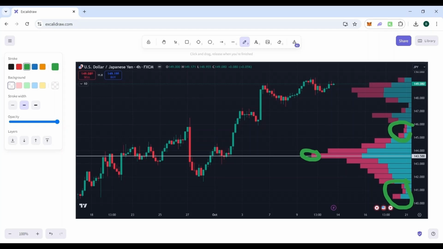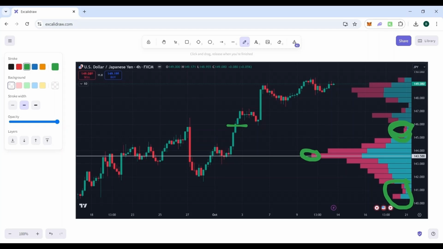So you should be aware that if price is breaking out of this thin area and you look by the side and see it is a thin area, it could actually be a fake out. It will actually be a fake out, and what it means is that price will almost certainly reverse immediately even after breaking out. So please be aware of that.